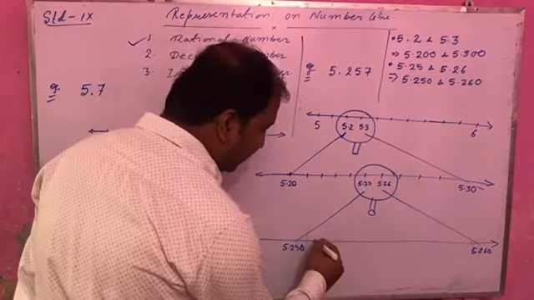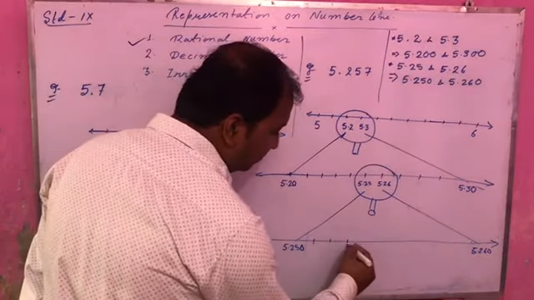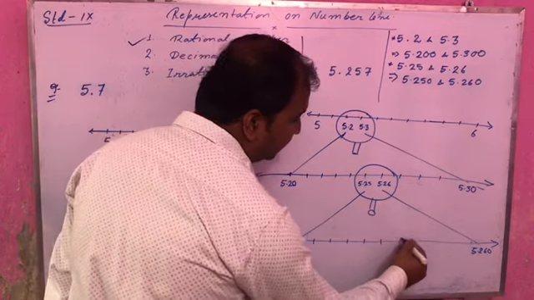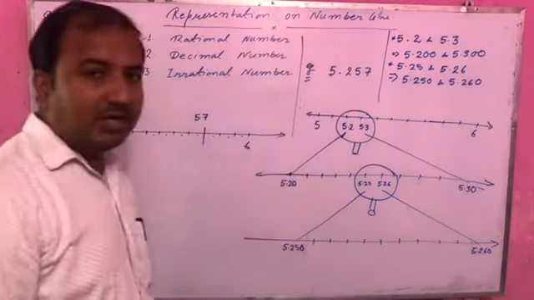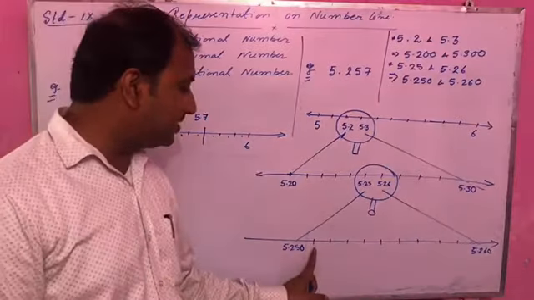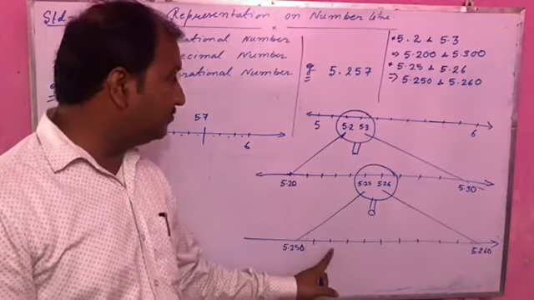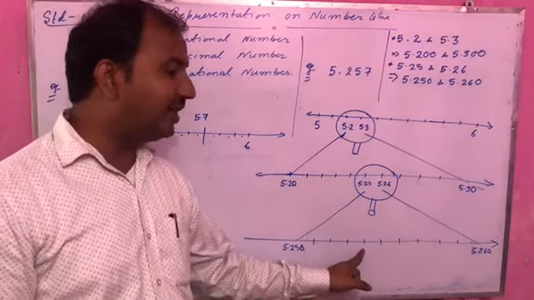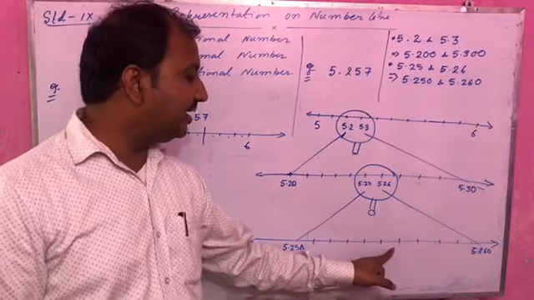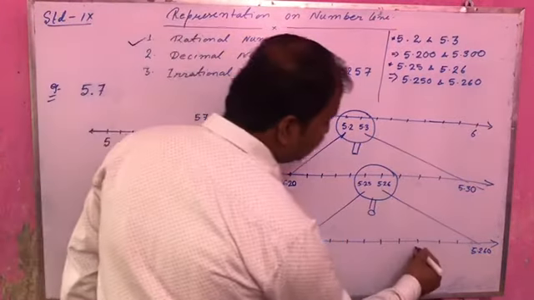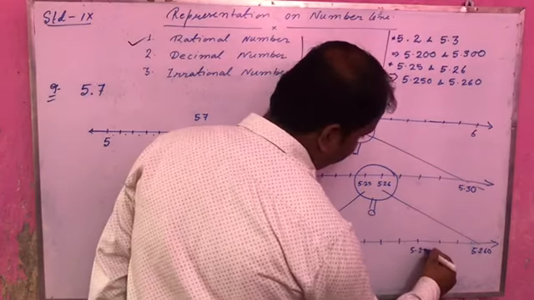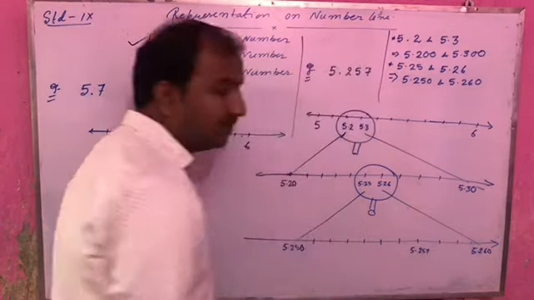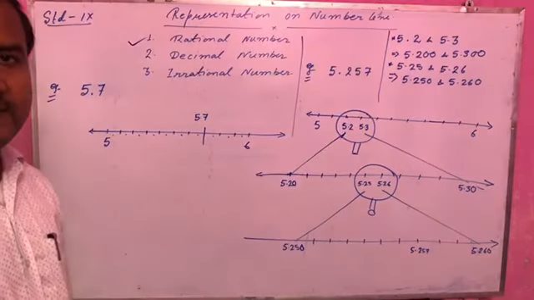Divide it in 10 equal parts. 1, 2, 3, 4, 5, 6, 7, 8, 9. On that moment, first part is what? 251, 252, 253, 254, 255, 256, and this is 5.257. Okay, is that clear?